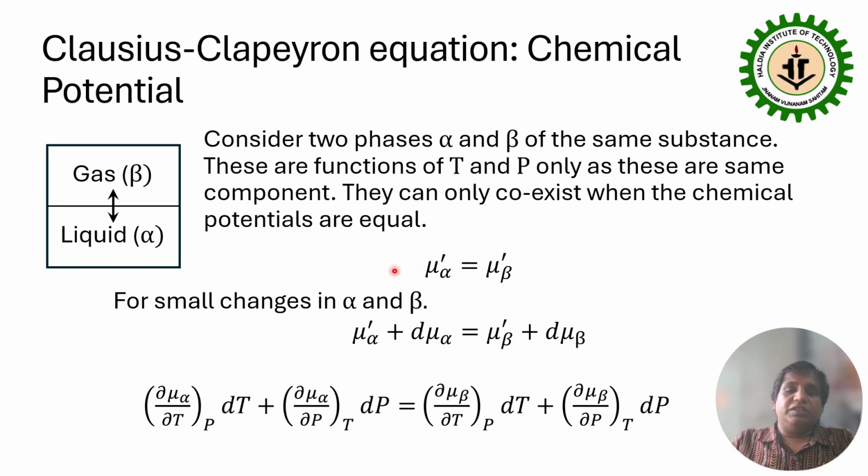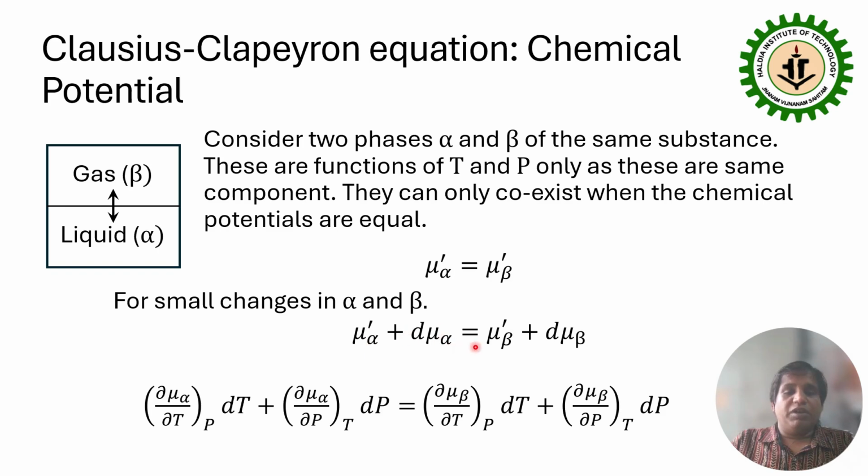So the chemical potential of these two phases should be the same. For small changes in the liquid and gaseous states, we can say that μα′ + dμα equals μβ′ + dμβ.